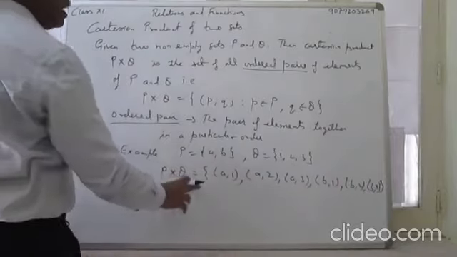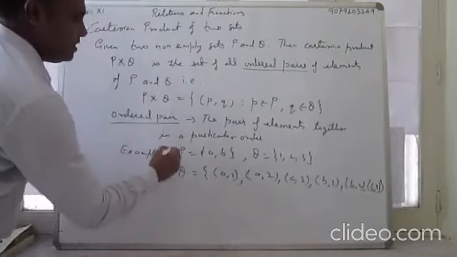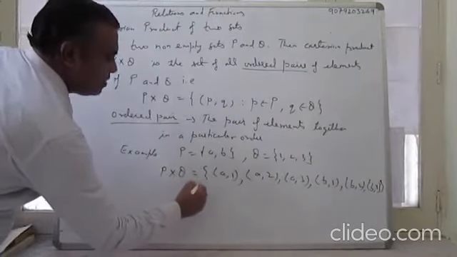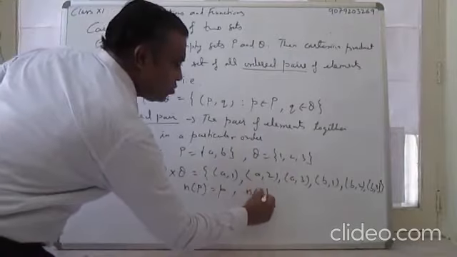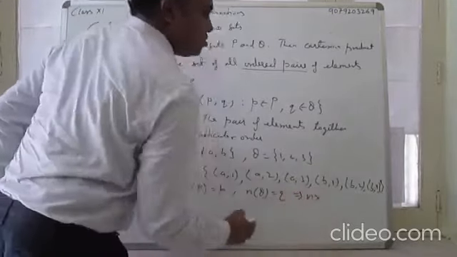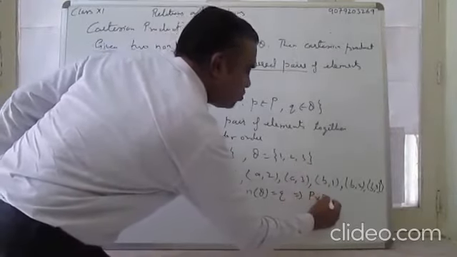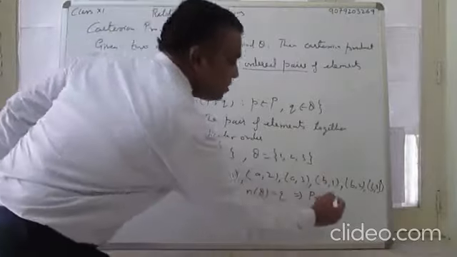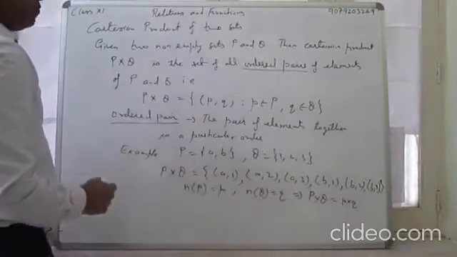So this is the Cartesian product. If the number of elements in P is p and the number of elements in Q is q, then you can say that the number of elements in P cross Q is equal to p into q.